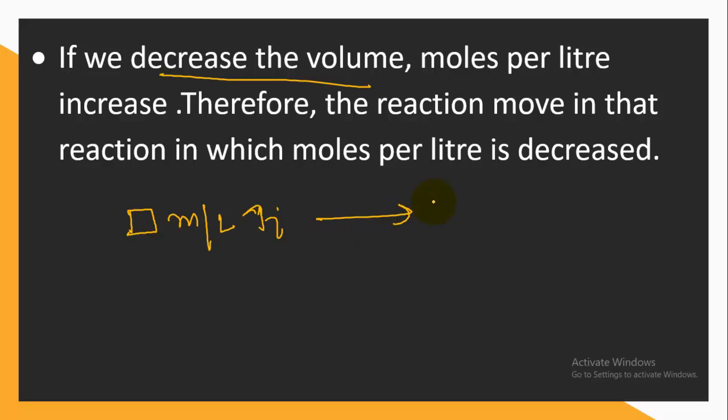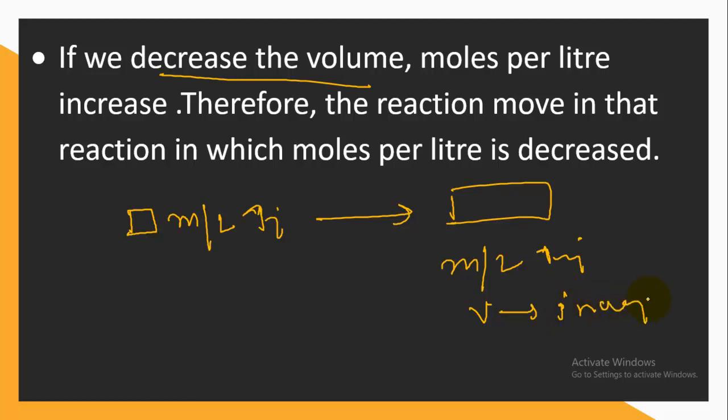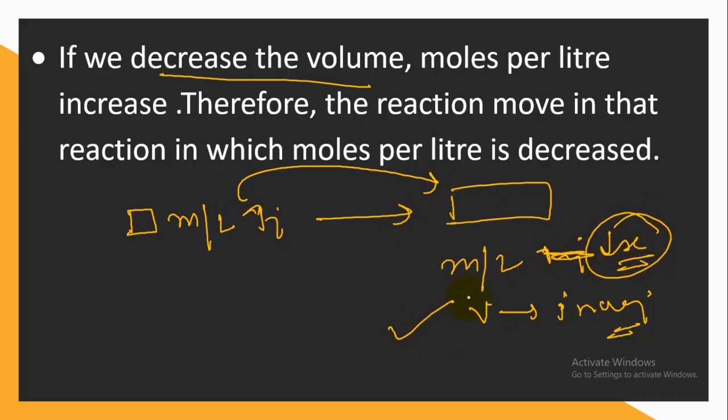So it will shift in a direction in which the moles per liter are decreasing, that is to a side where volume is increasing. Because here we have moles per liter more, we will shift to a direction where moles per liter decrease, and it will decrease only if the volume increases.